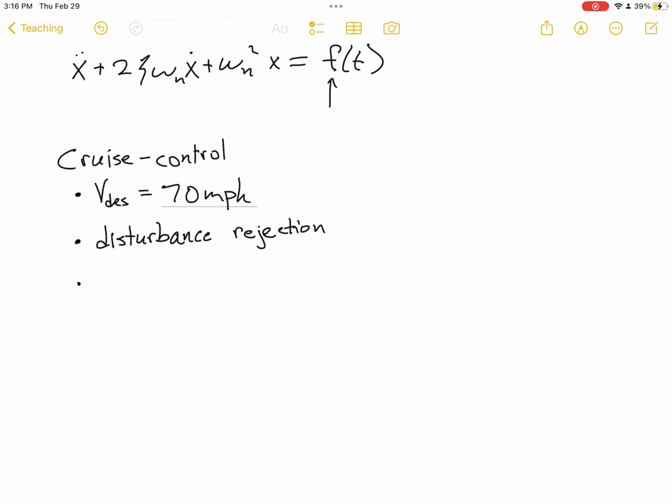But that would probably be pretty uncomfortable for the user, you, and all of your passengers. So we can also use control to shape a response, where we have some desired speed or position that's not where we're currently at, and how do we shape the response to meet our desired requirements? For example, that the people be comfortable in the car.